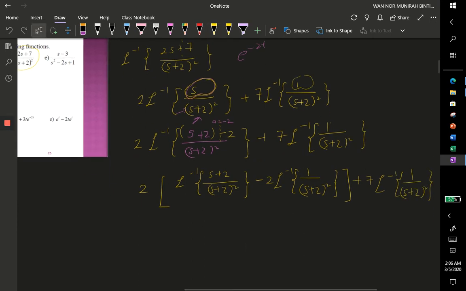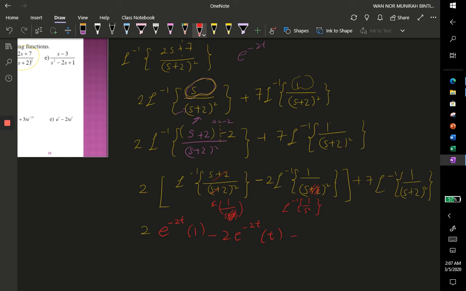Right, so you have 2 is 2. This time around we can go faster. (s plus 2) squared, so you can cancel out, so you just have 1 over s plus 2. We take out e^(at), e^(-2t), remove your a, so I have Laplace inverse of 1 over s, which is 1. Minus 2 is minus 2, so you have to take out e^(at), so you have e^(-2t), the remainder is Laplace inverse of 1 over s squared, which is t.